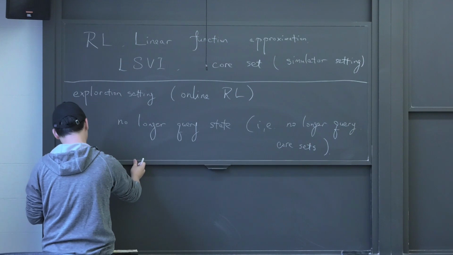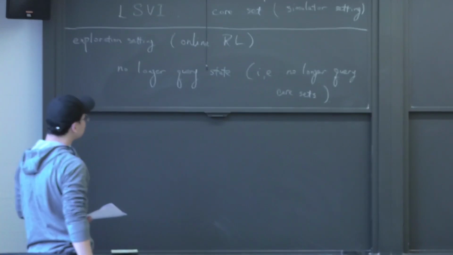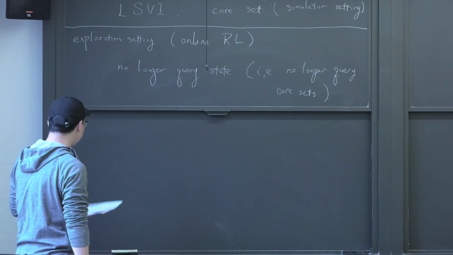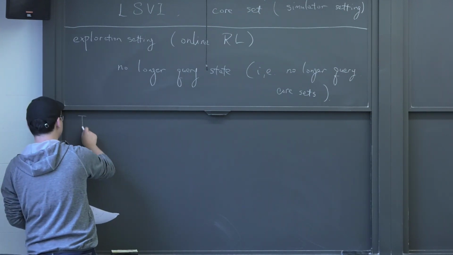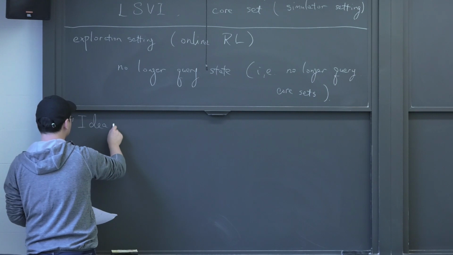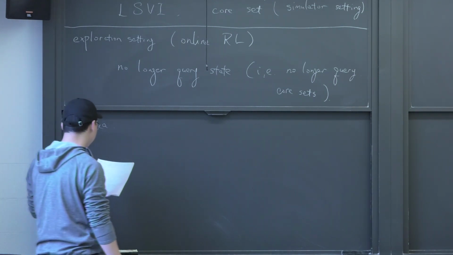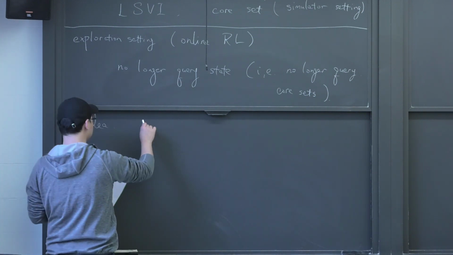So in this case, how are we going to work on this online reinforcement learning problem? If you still remember, in the tabular setting, the whole idea for dealing with online reinforcement learning was to incorporate optimism.